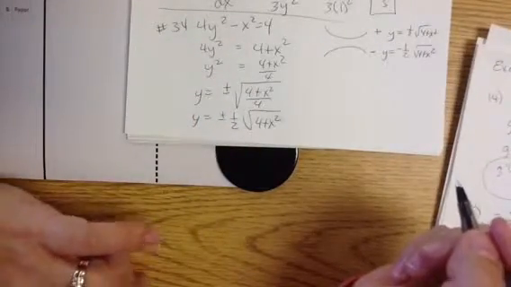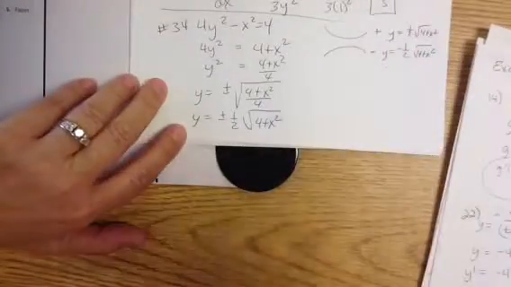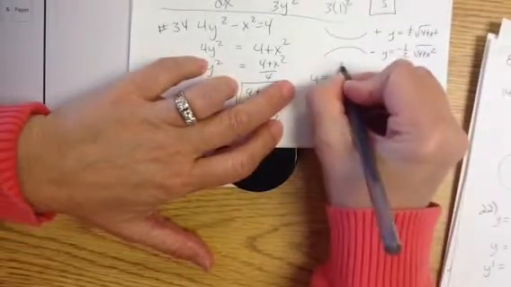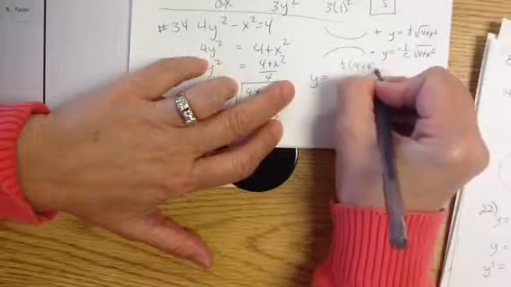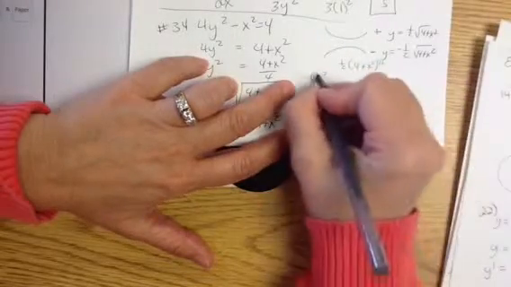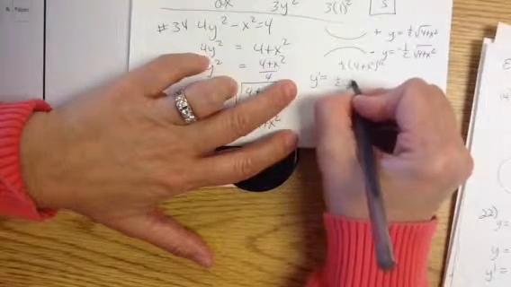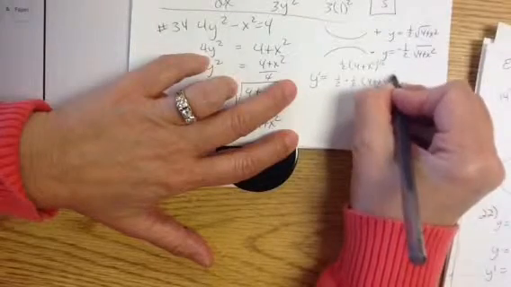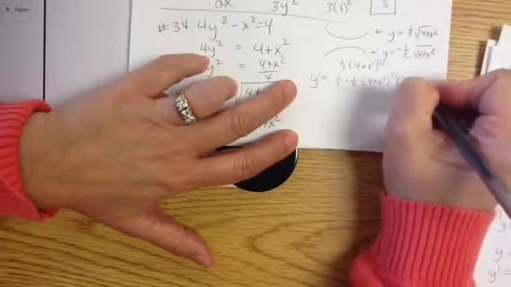Now they're asking us to differentiate it explicitly, which means I now have to take derivatives. So if I think about it, I'm going to rewrite it as 1/2 times 4 plus x squared to the 1/2. Taking a derivative of the positive one, I get 1/2 times 1/2 times 4 plus x squared to the negative 1/2 and times the derivative of what's inside.